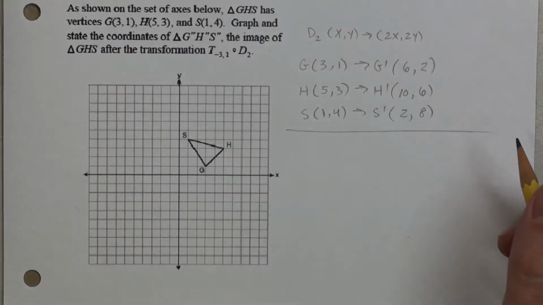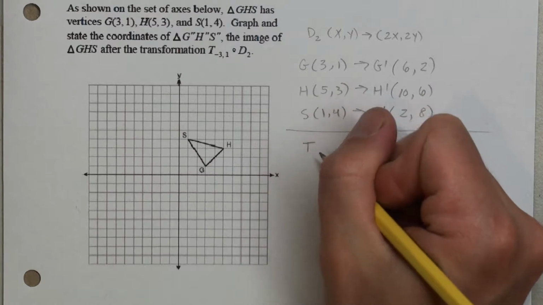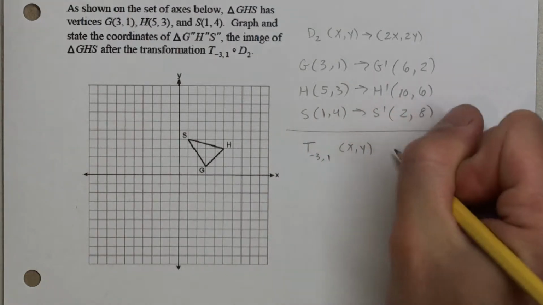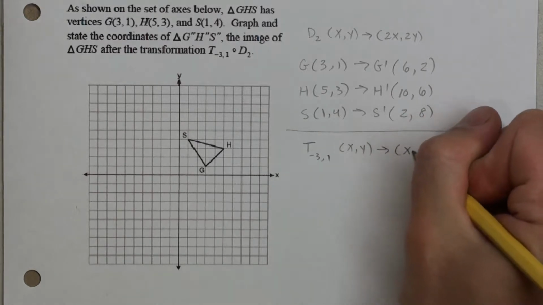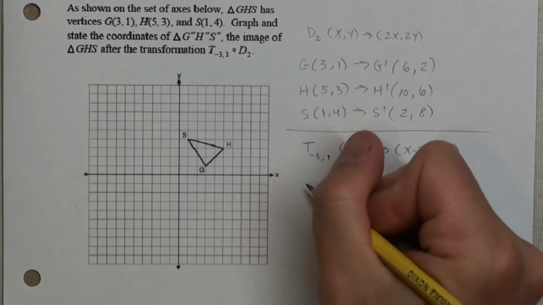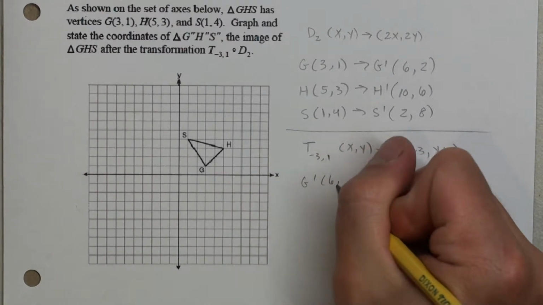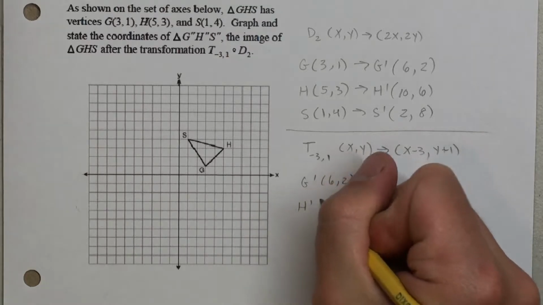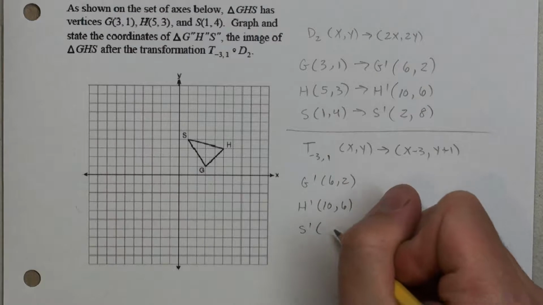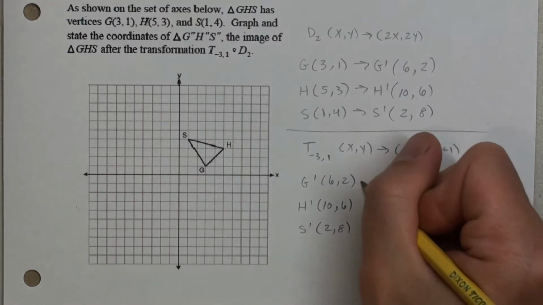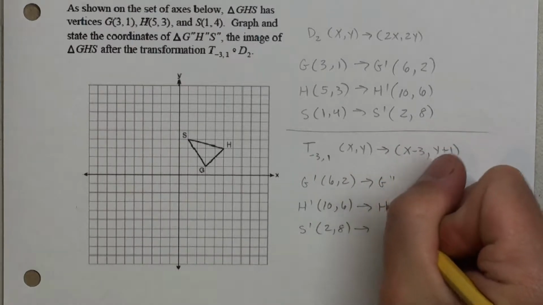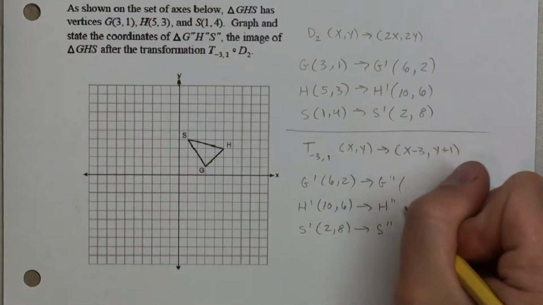That's the first part. Now I have to do a translation of (-3, 1), which takes (x, y) and makes it (x - 3, y + 1). So my G prime, which is (6, 2), my H prime, which is (10, 6), and my S prime, which is (2, 8), will become G double prime, H double prime, S double prime.